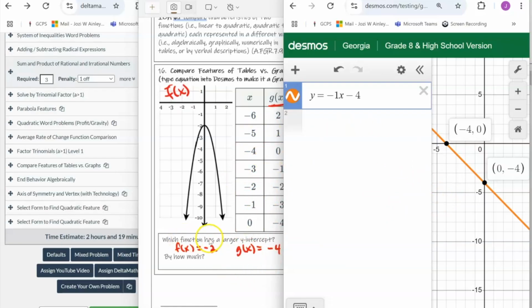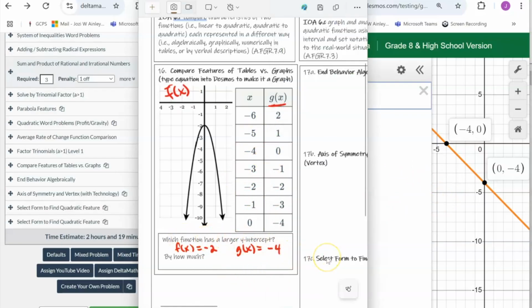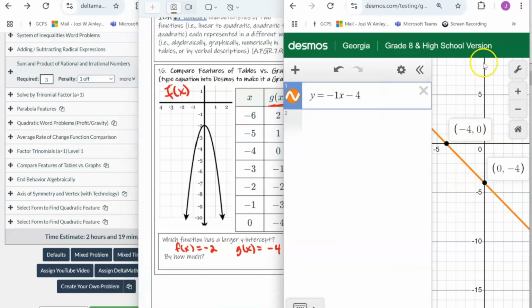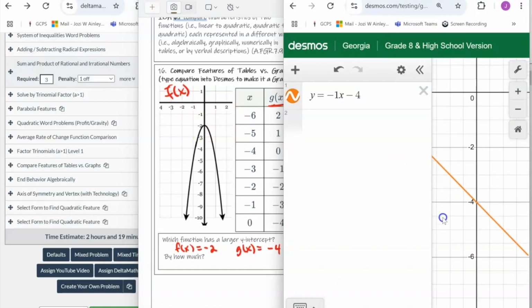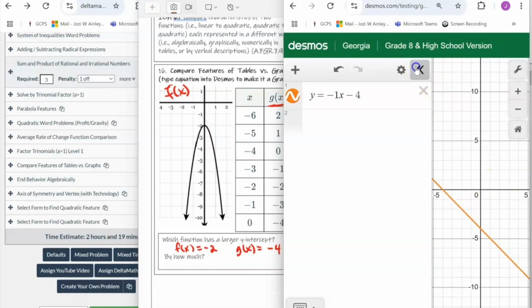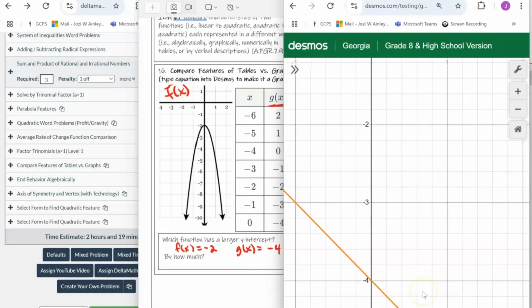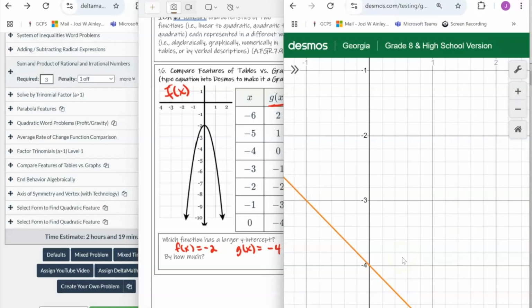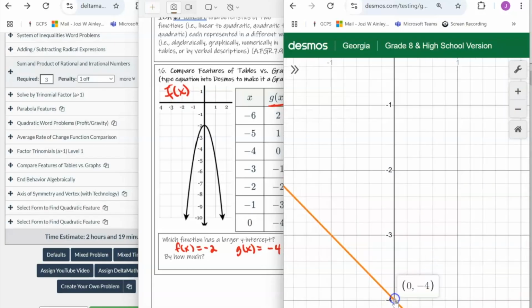All right, so which function has the larger y-intercept? Okay, so which one is bigger? So let's look at the y-axis. Bigger is higher up, right? I'm just going to zoom in till I can see this going up by 1. I'm going to hide this real quick. So this one is -4 and this one is -2, right?